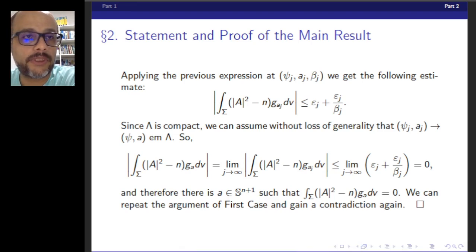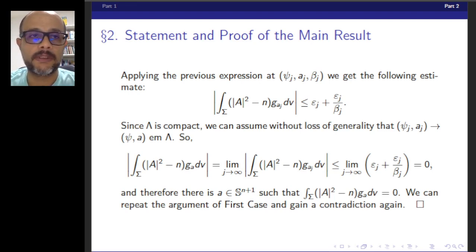So we found a vector in the sphere such that the function g_a has mean 0. And in this situation, we are able to repeat the computations in the first case and get a contradiction again.